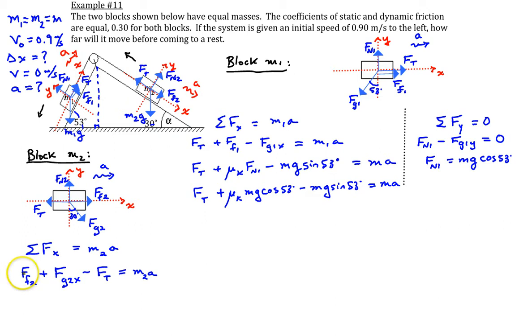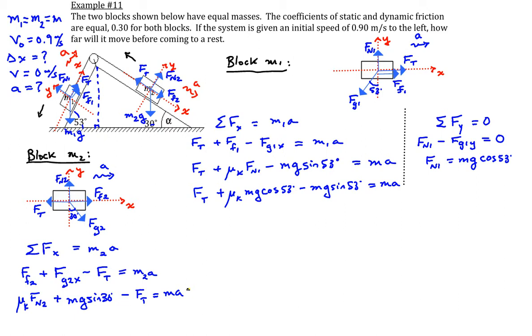So let's expand the force of friction and write mu k times the normal force Fn2, and then we have the x component of that weight, that's going to be m times g times the sine of 30 degrees. Then we have minus the tension equals m times a. I've replaced m2 with just m because that's what it is.